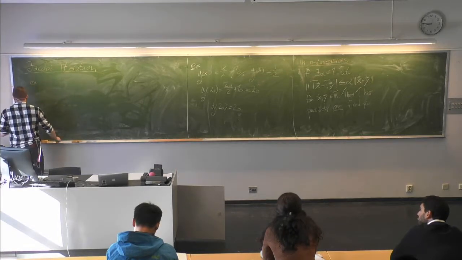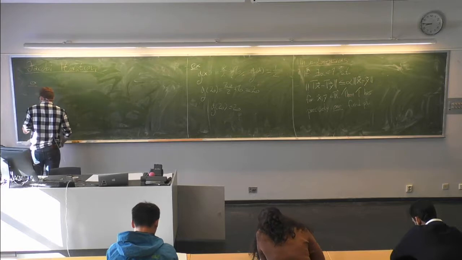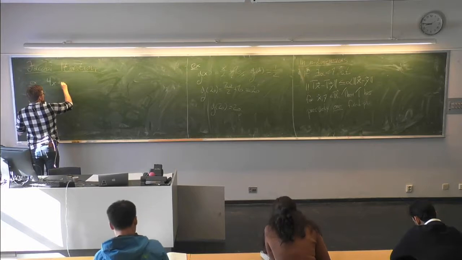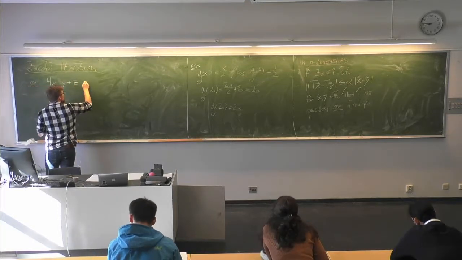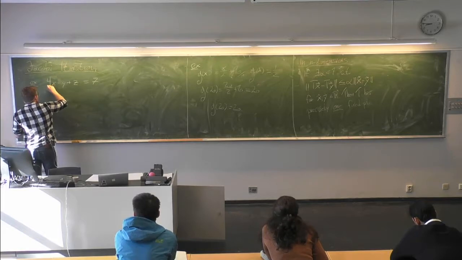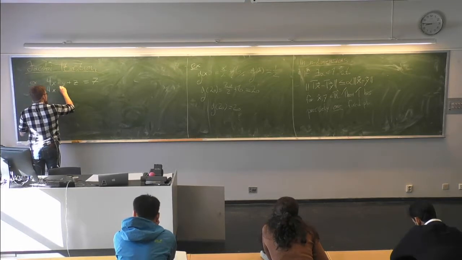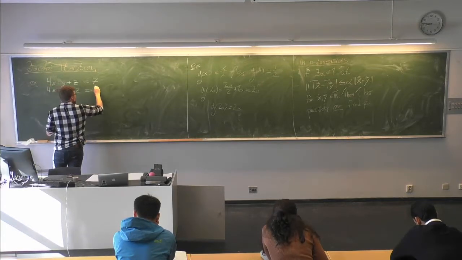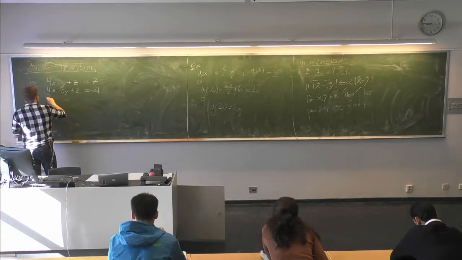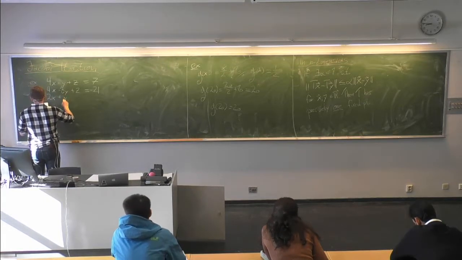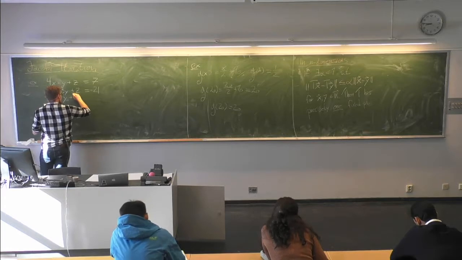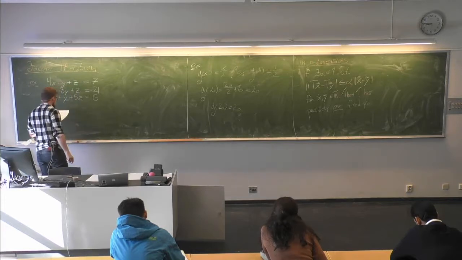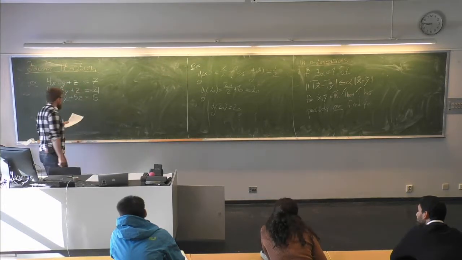I am given the system of equations: 4x minus y plus z equals 7, 4x minus 8y plus z equals minus 21, minus 2x plus y plus 5z equals 15.